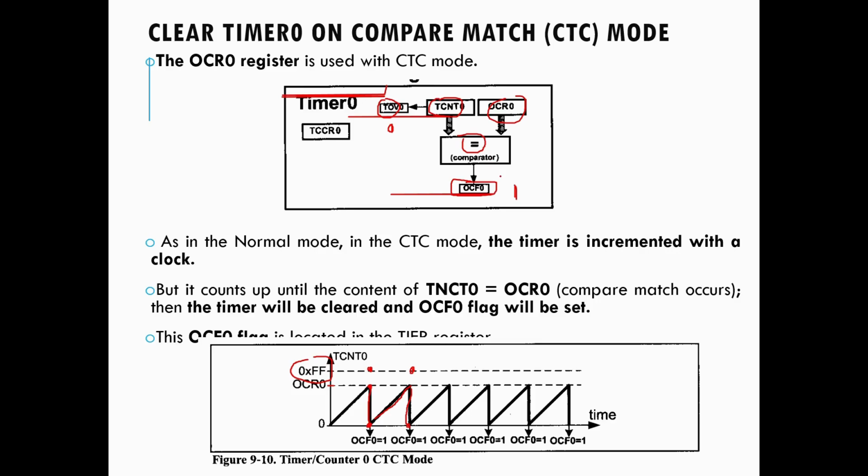Why OCF 1? Because the OCF flag is set. Once the values in TCNT and OCR are the same, the OCF will be set and the timer will be cleared, so it will count back.